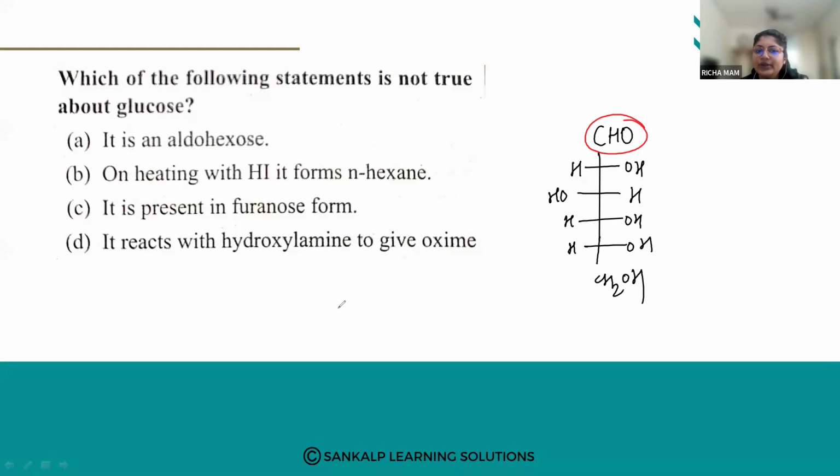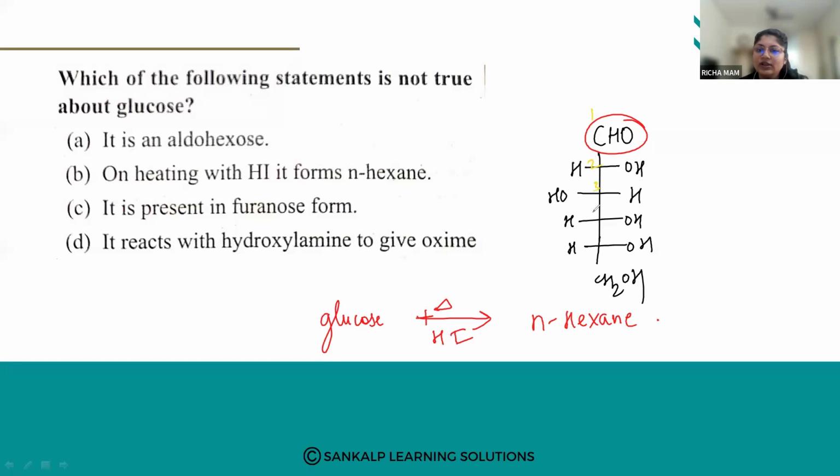Then, when you heat glucose with HI, what am I going to get? I am going to get n-hexane. Hexane means the number of carbon atoms is 6.